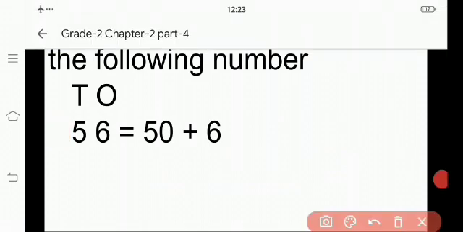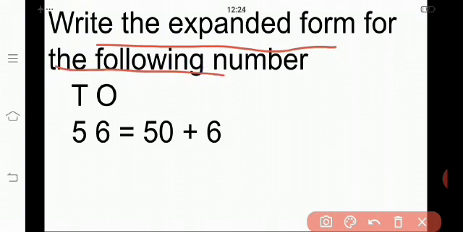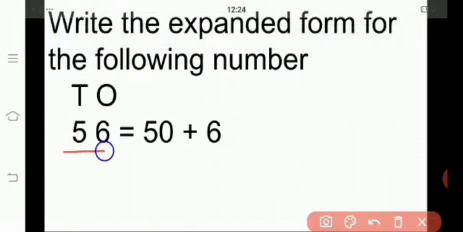See, children, here we have an example. Write the expanded form for the following numbers. What we learnt about expanded form? Do you remember it? Yes, the number is written as the addition of the place value of its digit. Is it, children? Okay, children, here we take that number 56. What we want to do? We want to write the position of numbers.